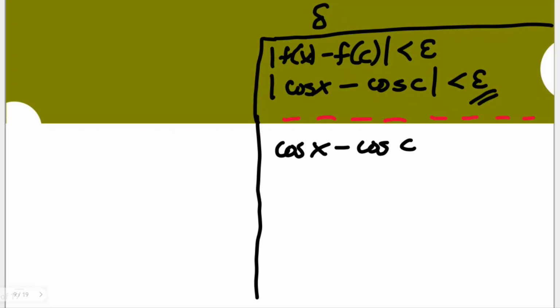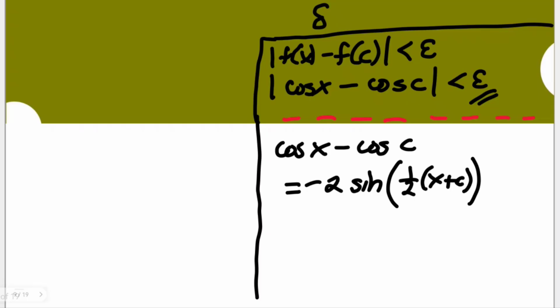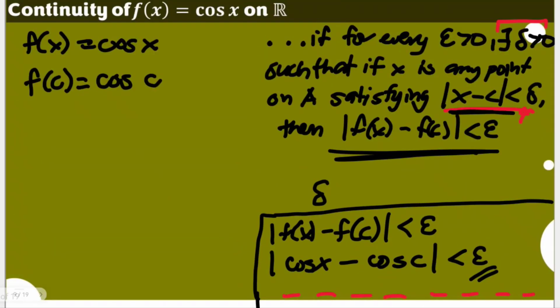Okay, this is just equal to negative two, times sine of one half of the sum of x and c, times sine of one half of x minus c. This is the identity for cosine x minus cosine c. Take note, x minus c is here. Again, that's our goal.